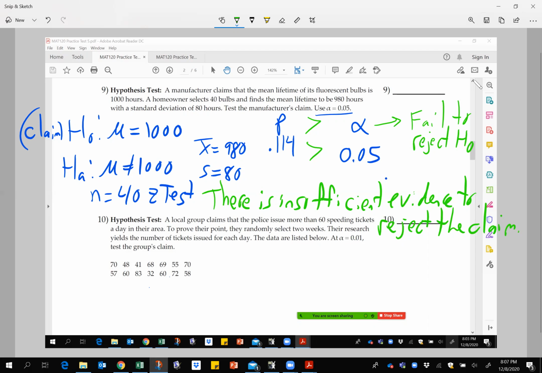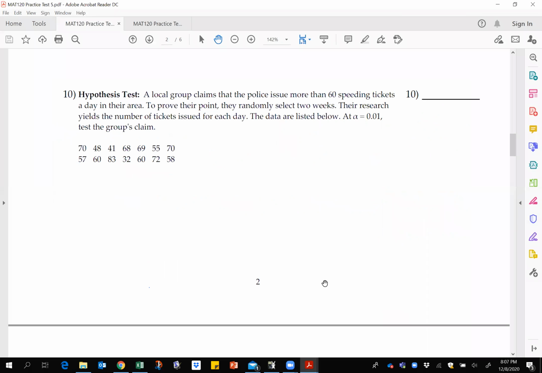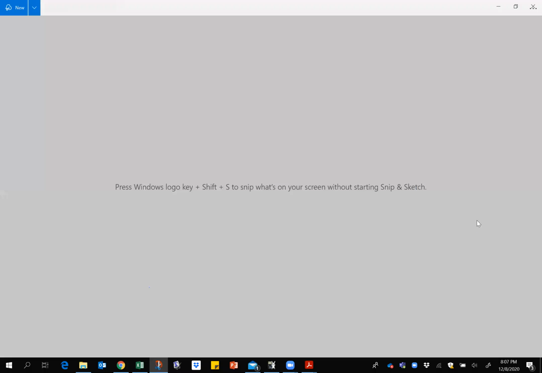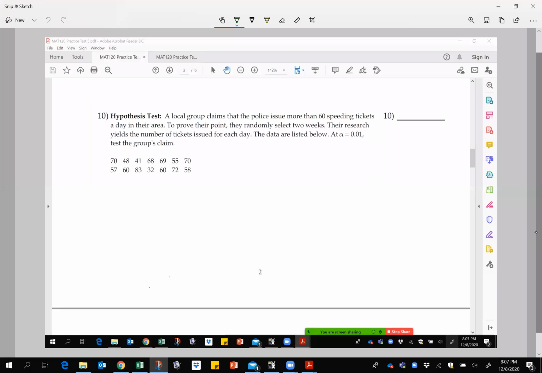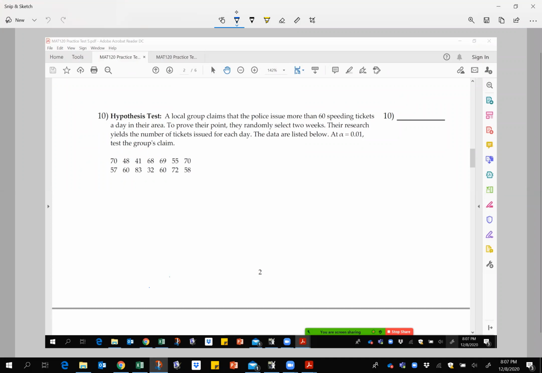Let's take a look at the next one then. So in question 10, this is one that's a little bit different because we actually do have some raw data this time. It says a local group claims that police issue more than 60 speeding tickets.